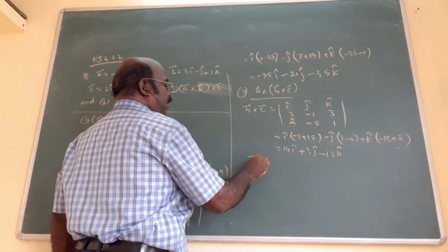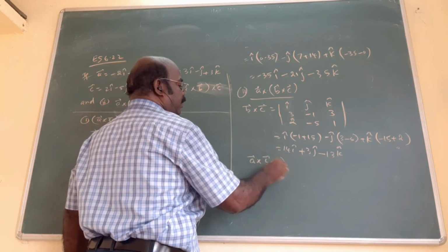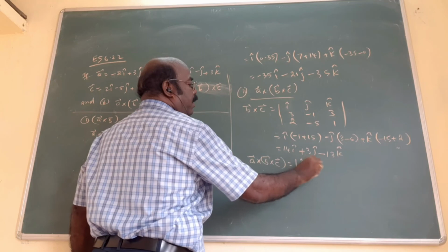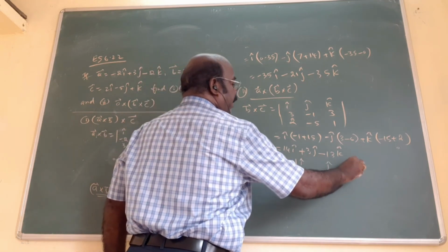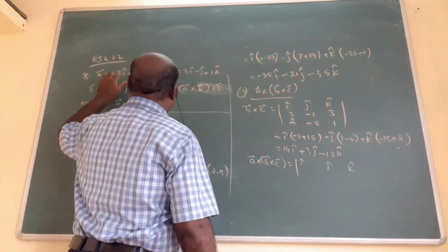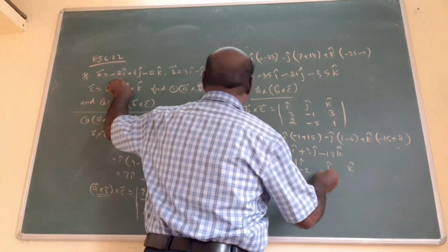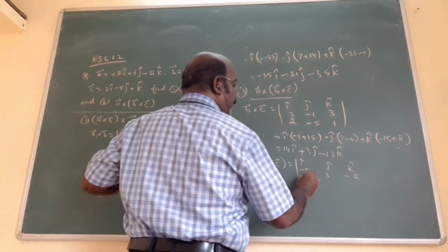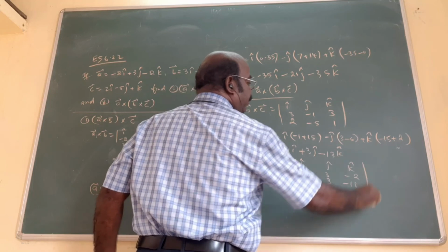Now only find A cross (B cross C). Once again, the same concept: i cap, j cap, k cap. The A vector is given: minus 2, 3, minus 2. Here 14, 3, minus 13.